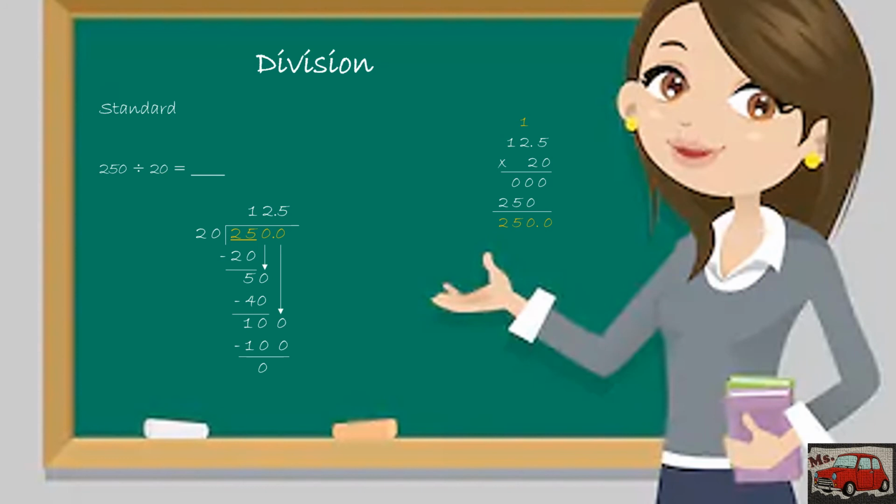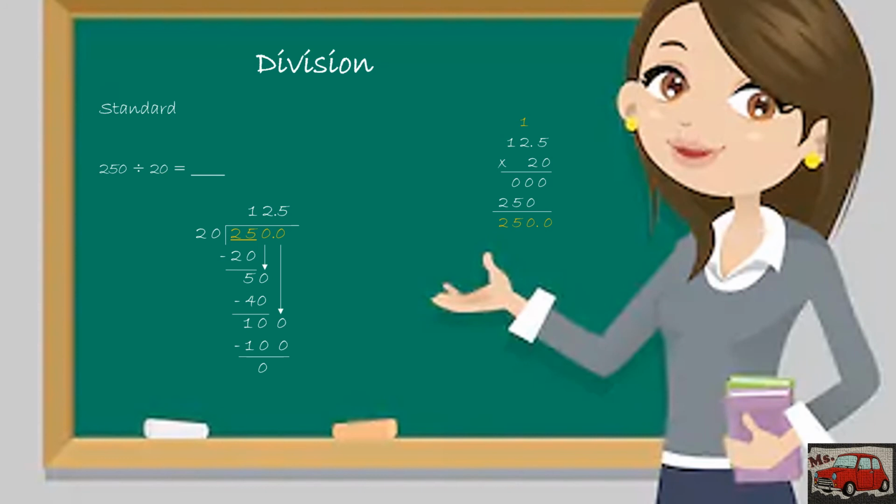I'll get 5. By the way, don't forget to put decimal point dun sa 250 tsaka yung dun sa 0 na dinagdag mo. Para alam mo na hindi yan yung original value mo, which is, yung original value mo lang is 250.